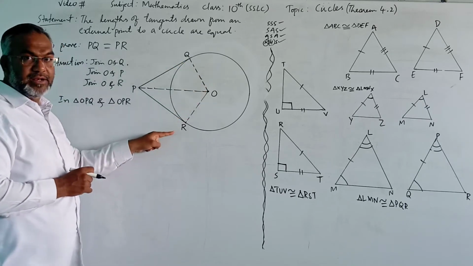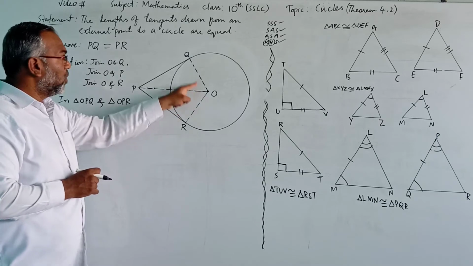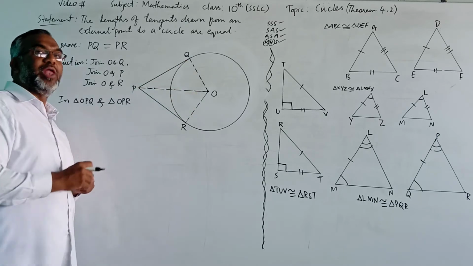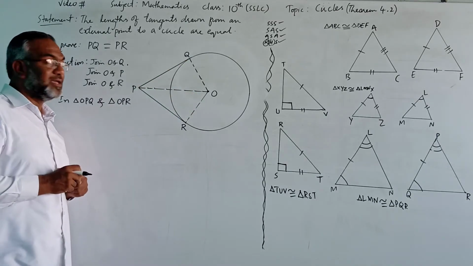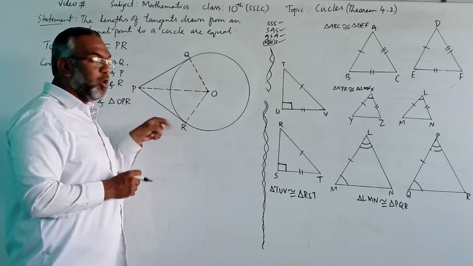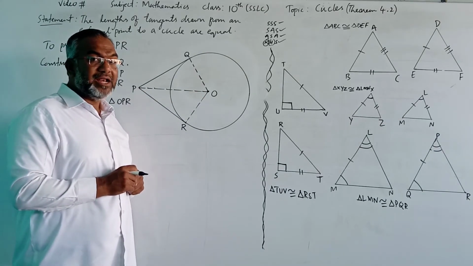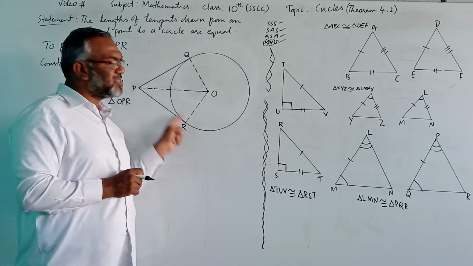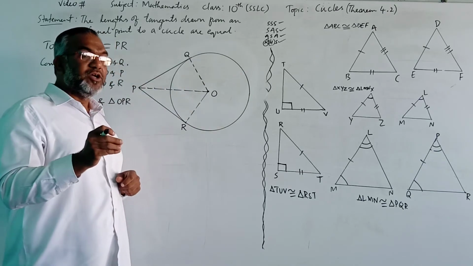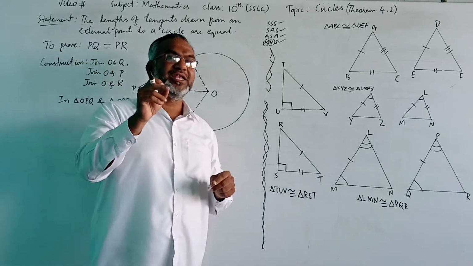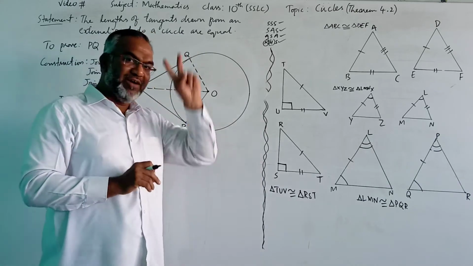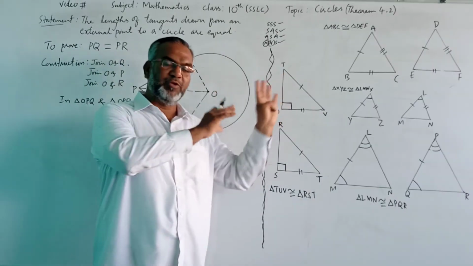the two sides, OQ and OR, will be equal. Now the question comes why? Because OQ and OR are the radii of the same circle, and we know that all the radii of a circle are equal in length. We have already discussed this in the basic concept of circles.